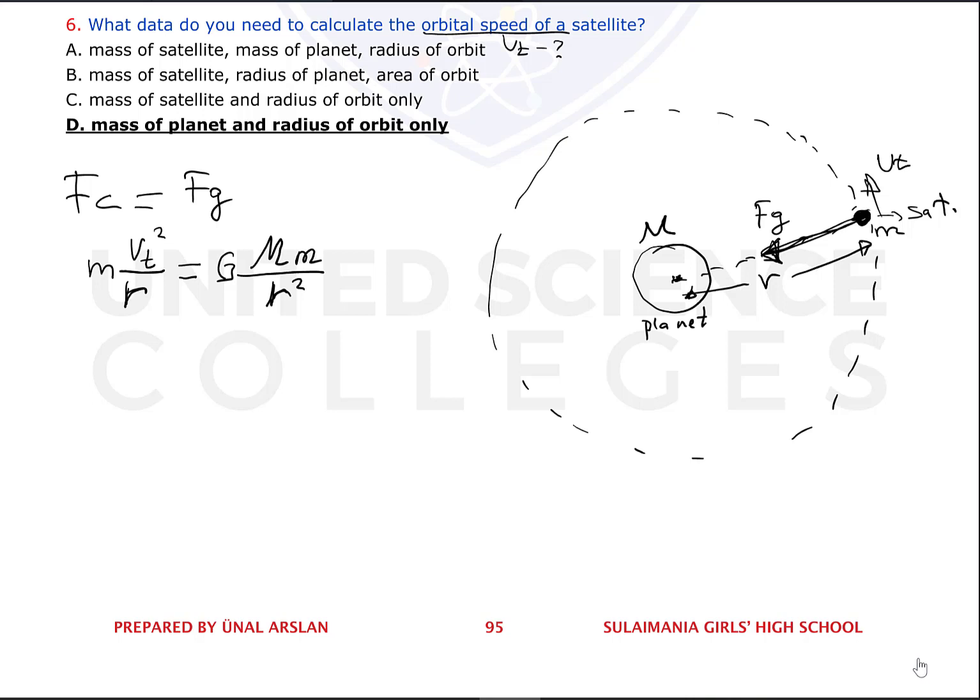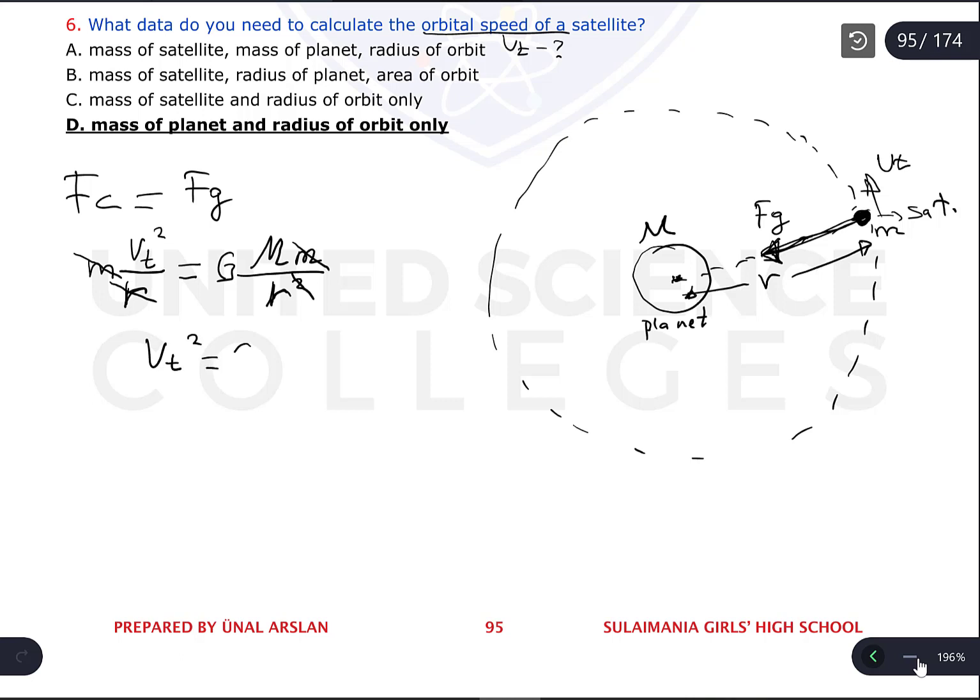So the mass of the satellite occurs on both sides. They will simplify. Because this r is in the denominator and this r squared is also in the denominator, they will simplify. So tangential speed squared is going to be capital G, mass of planet, divided by the radius of the orbit, or the radius of the circular path.